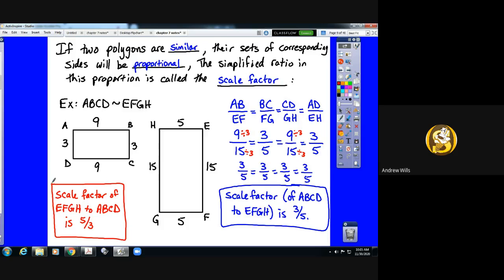So it is technically possible that the wording in the problem could make the problem harder, but if it doesn't specify which shape should be first, then you're just going to give me the one based on the similarity statement, which would mean putting the sides of the first shape listed in the similarity statement on top. So there's a bit to write down there, so we're going to leave that up for a second. Does anybody have any questions while we get what we need off the screen?